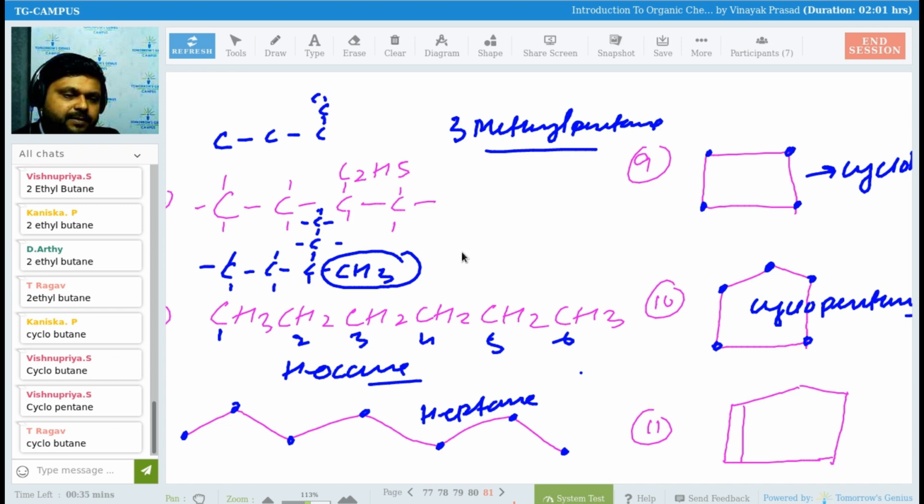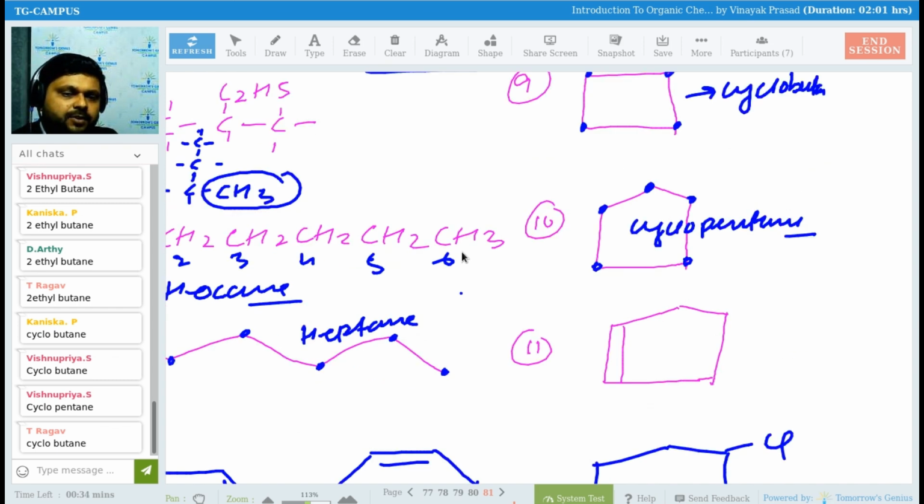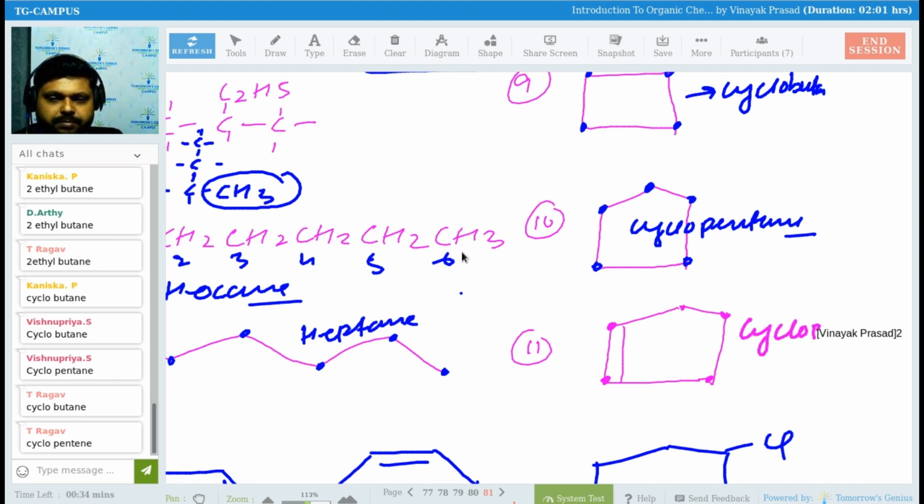What about question number 11? See here. From where the double bond is, we have to start our counting from that side only. So 1, 2, 3, 4, 5. So what can we say for this? Cyclopent-1-ene. Right? Or we can say cyclopentene.